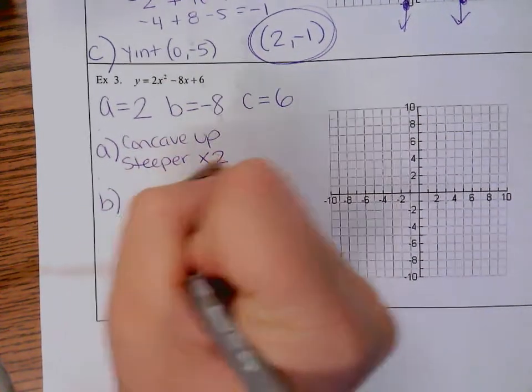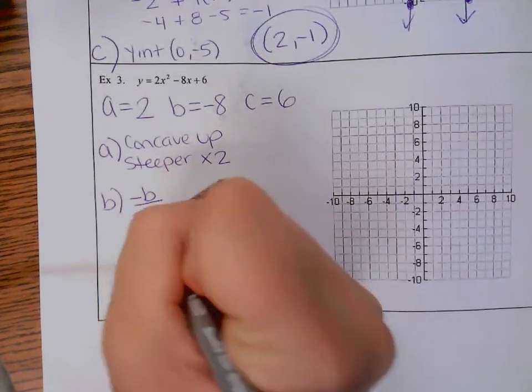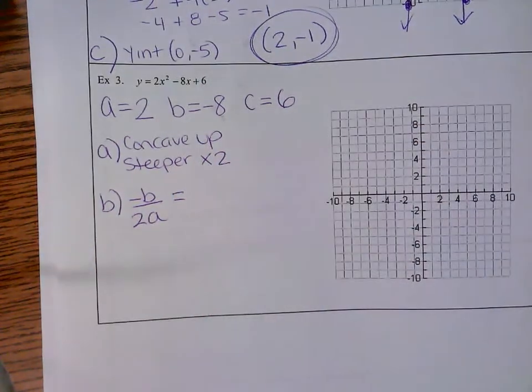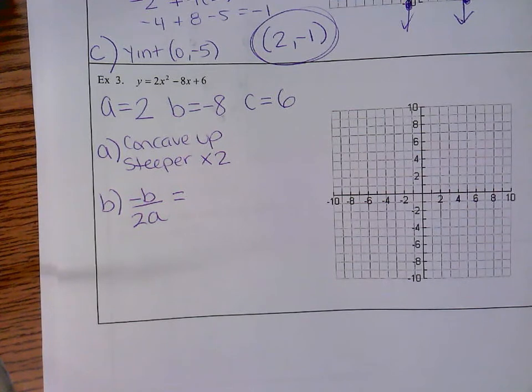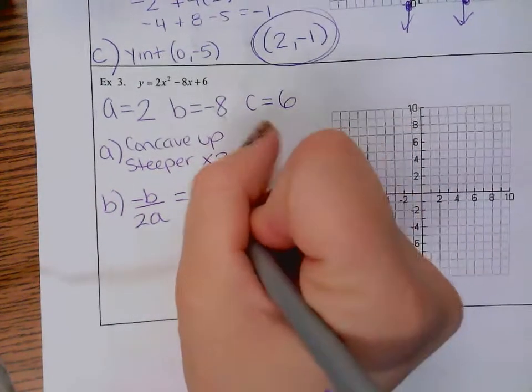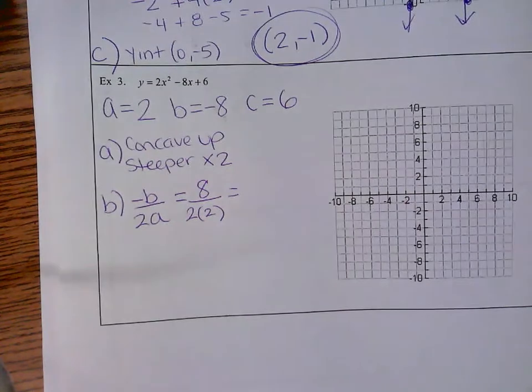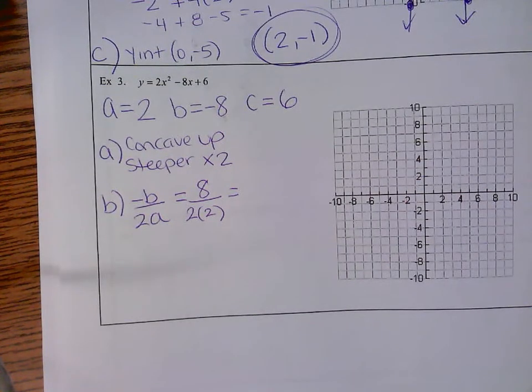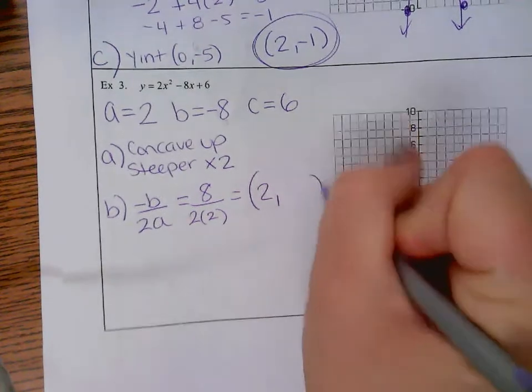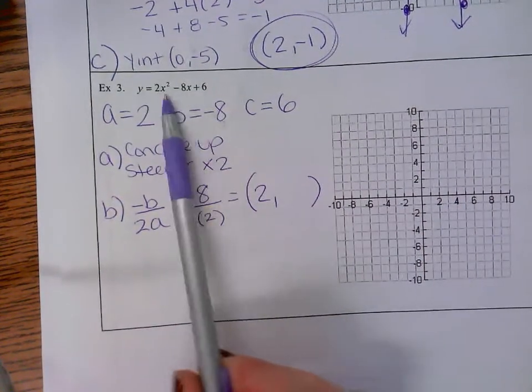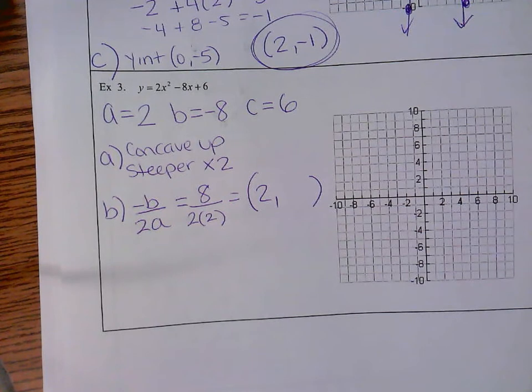All right, now I'm going to do -B over 2A to find my vertex. B is -8, so -B is going to be +8 this time. And I'm dividing by 2 times 2. So 8 divided by 4 is 2. So now you're going to plug 2 back into the original function and see what you get for your Y value.